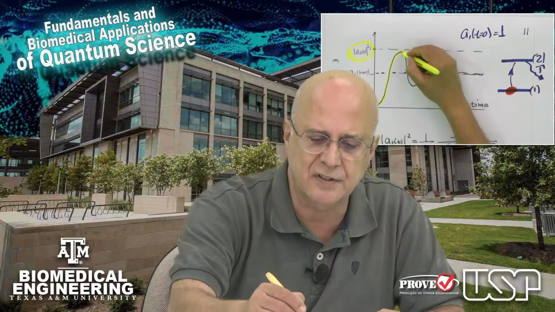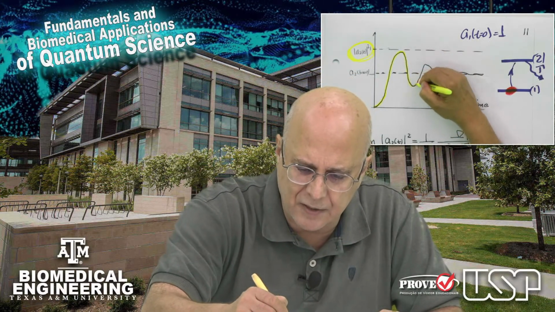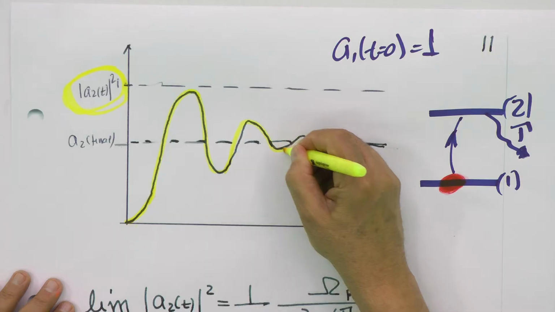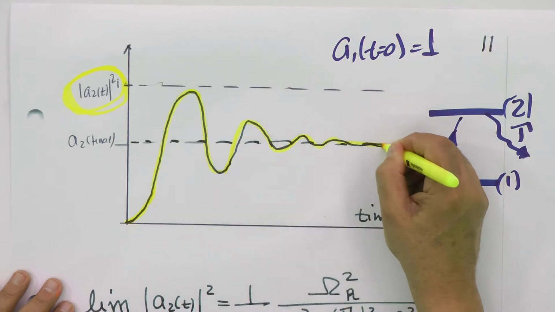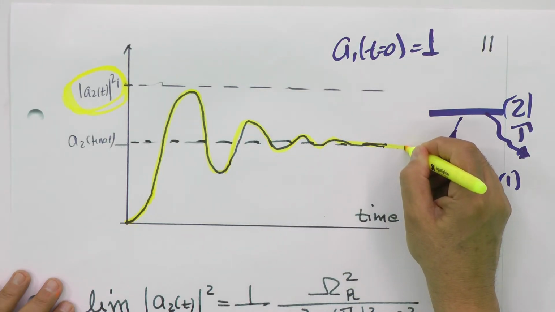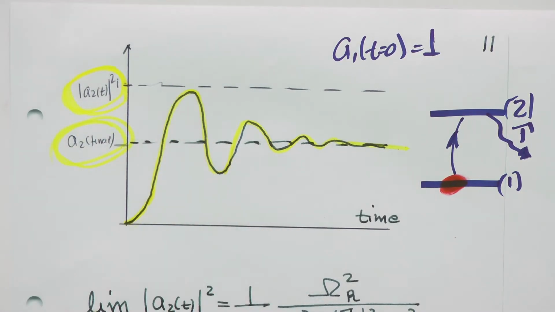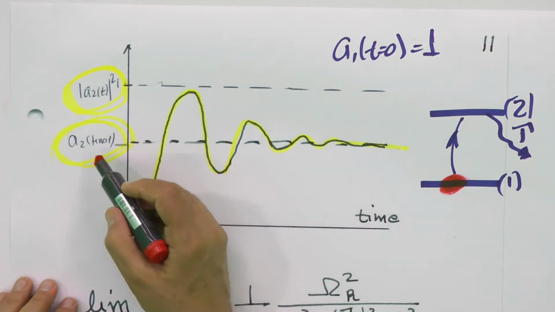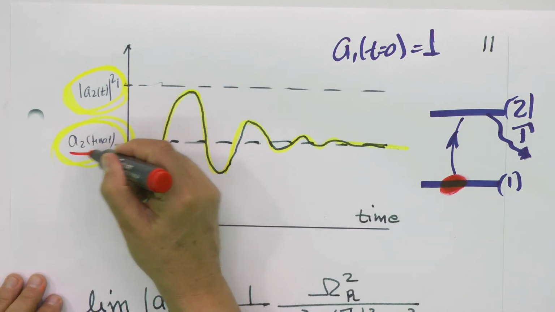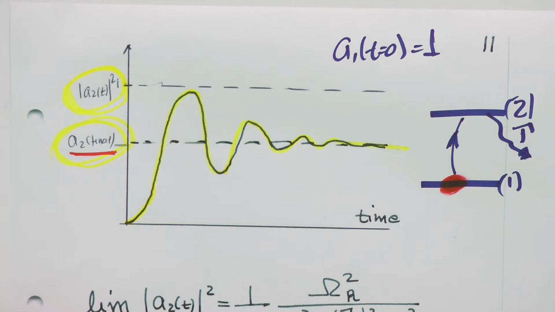It is taking energy out of the system, oscillates with a modified Rabi frequency, and the oscillation dies out and reaches a level, which is the final value: I turn on the field, and the system goes to a stationary state with a final value of A2 squared, which is the final transition probability for the system now.